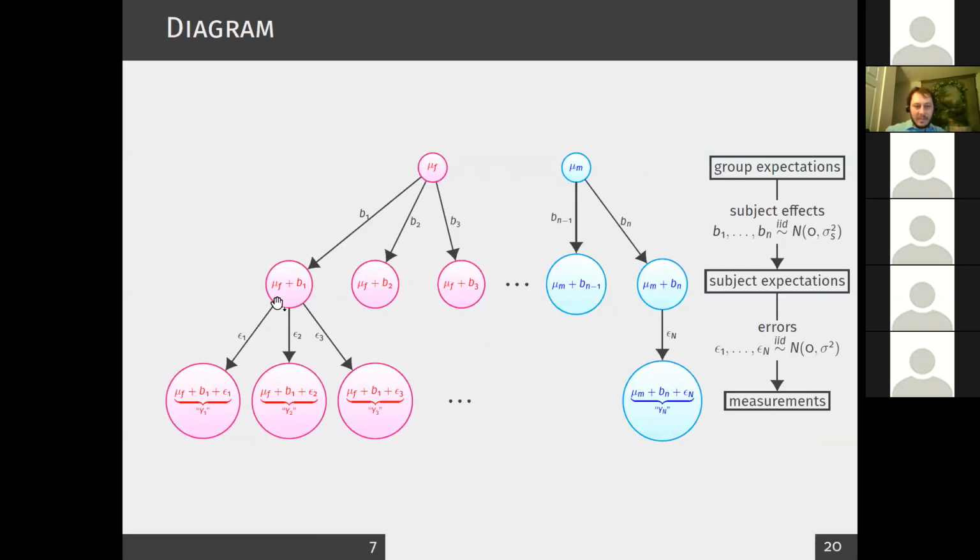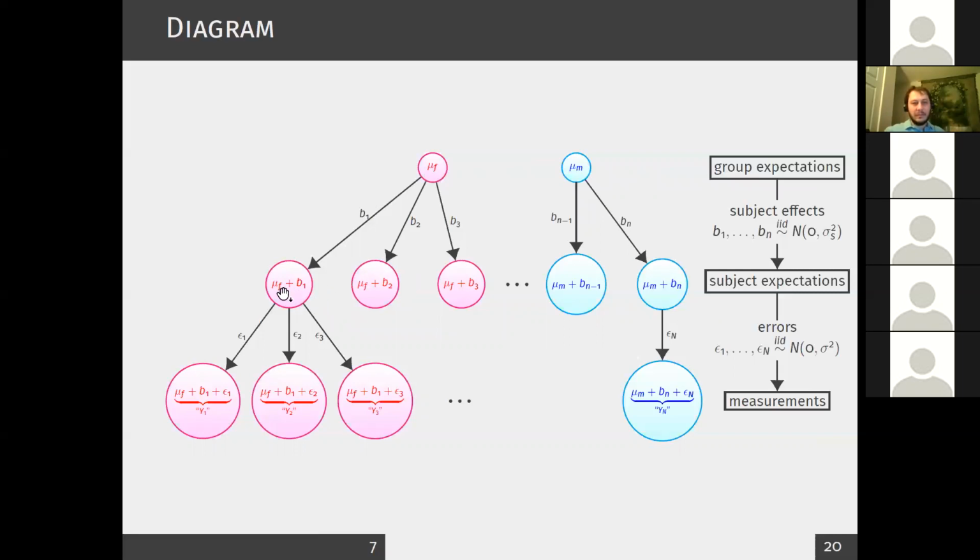Every female subject has an expected blood pressure that differs from her group's expectation by some normal draw, called a subject effect, B1 through Bn, IID normal, 0, sigma s squared. So there's some variance associated with the normal distribution that's generating the individual females' expected blood pressures, and they deviate from their group's expected blood pressure.